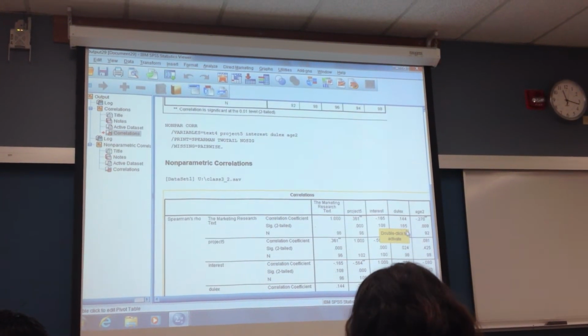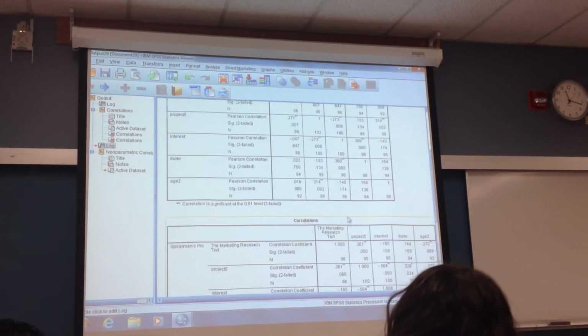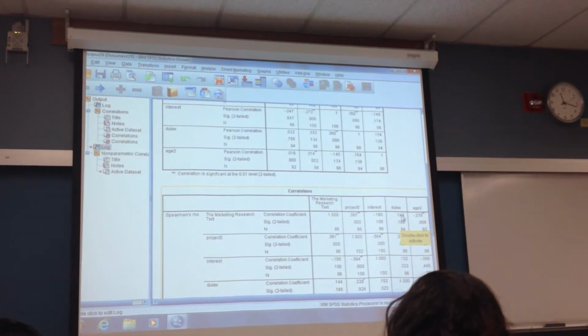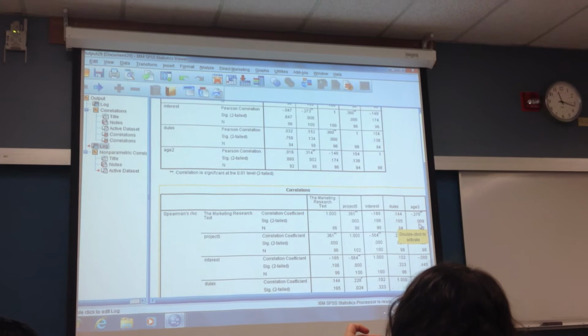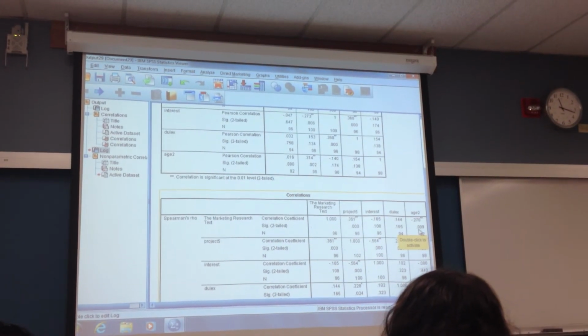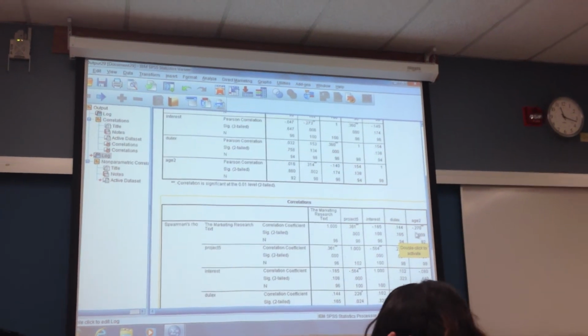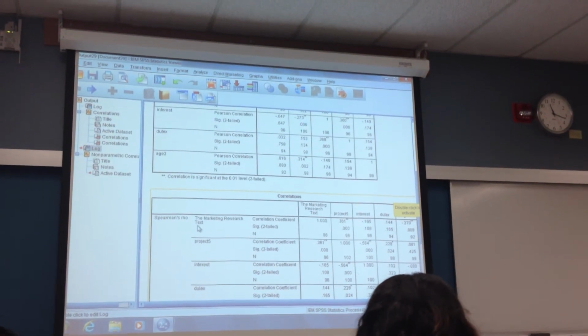Okay, this is 0.165, which means we do what, accept or reject? That's accept. So again, this is 0 as far as you're concerned. And now this is less than 0.10, so what do we do? Reject. Now here we have a negative correlation, so now it gets more difficult to interpret again. As age goes up, your value on this goes down.